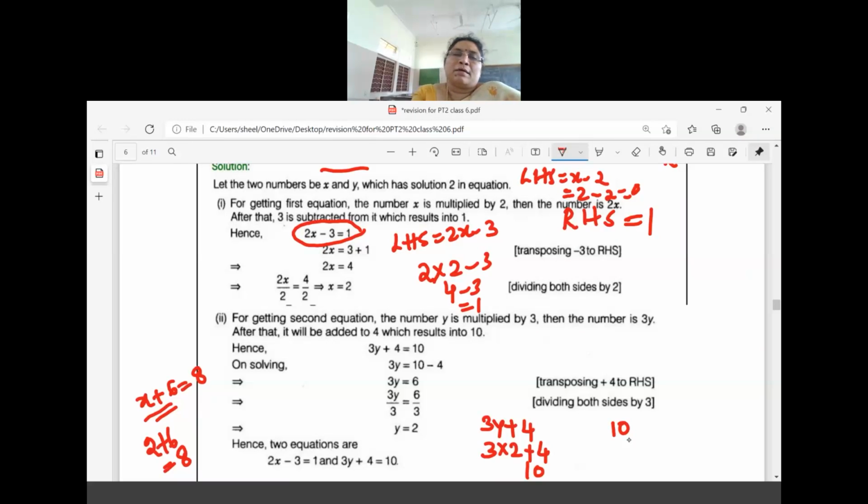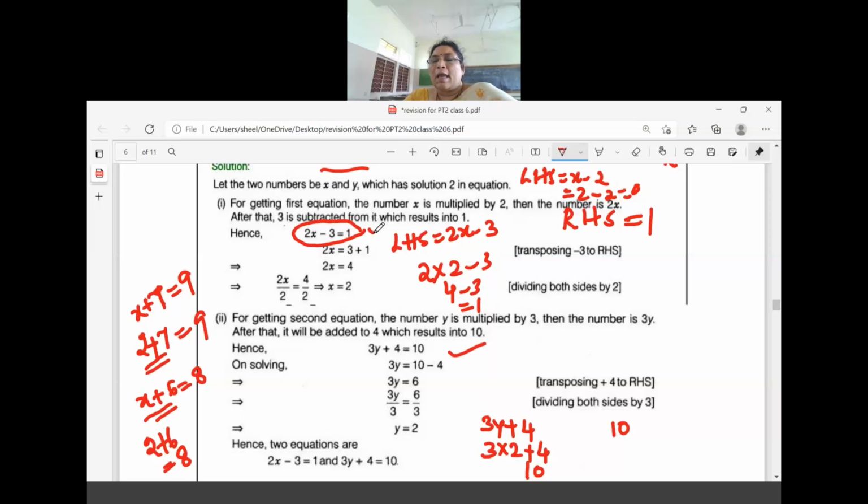Now I'll write x plus 7 equal to 9. When 7 is added to x, we should get the result, so again you can write 2 plus 7 here. Like that, you can form your own equations, but both LHS and RHS should satisfy, right? In that case only we can say that it is a solution. I gave two equations here.